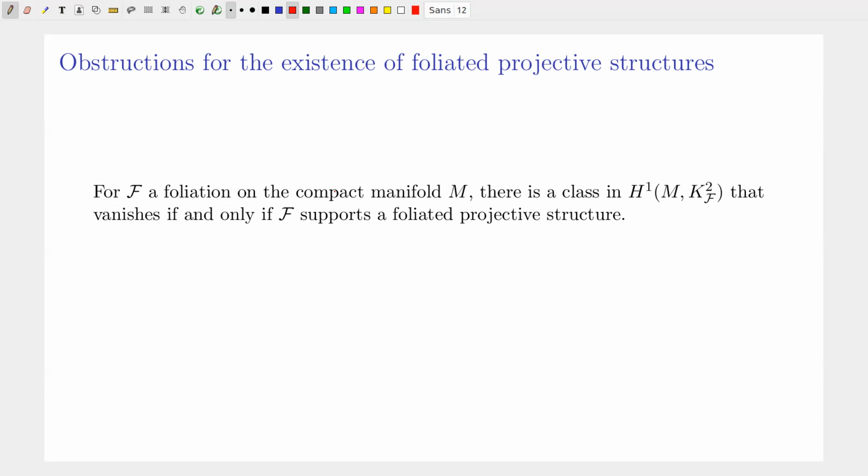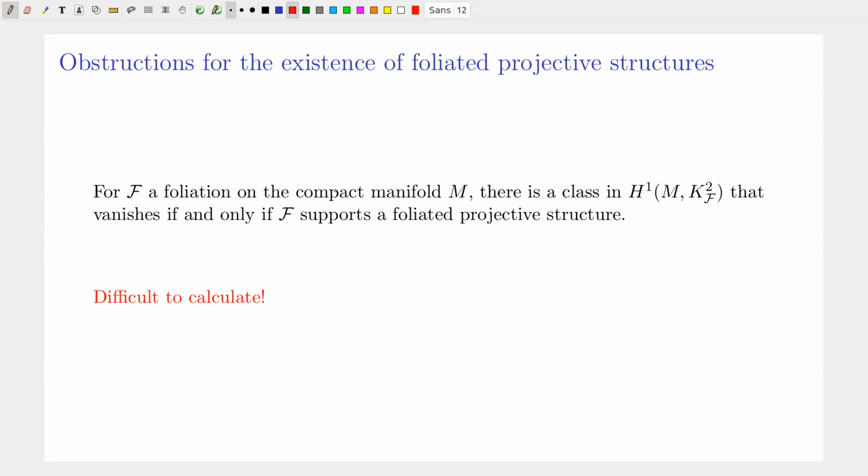And this class vanishes if and only if F supports a foliated projective structure. So the construction is exactly the same as the one I told you before. But in general, this is difficult to calculate. We know very little; we have very few examples where we can calculate this class explicitly.